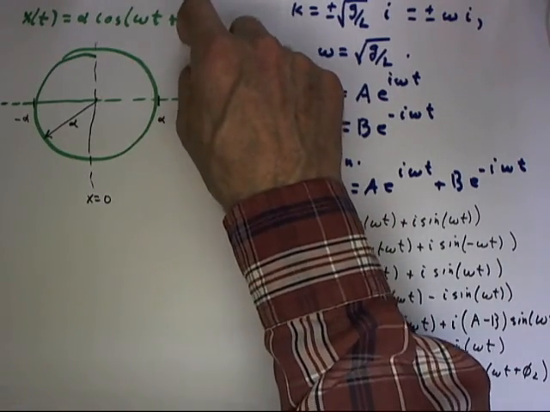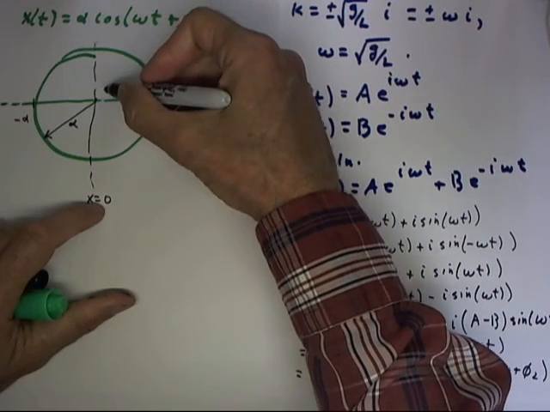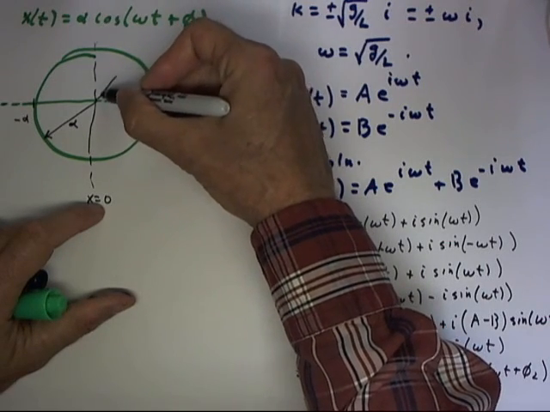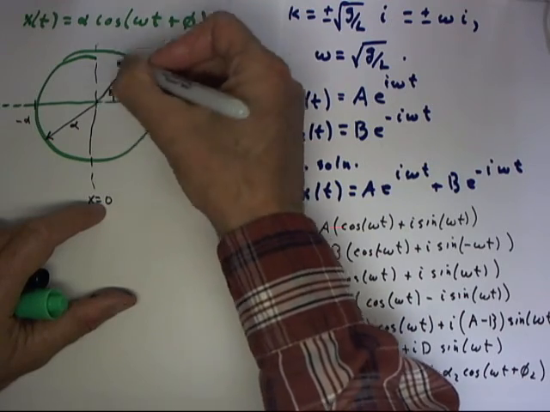Phi is interpreted as just an angle on the circular model, so let's just say that phi happens to be this angle.